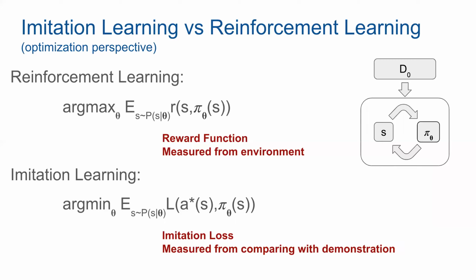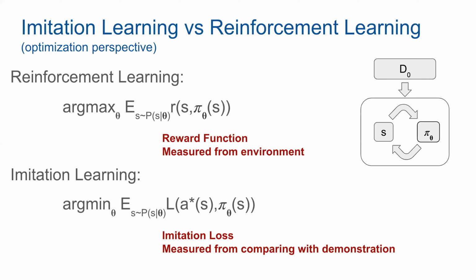In this particular way I'm writing it, and I'm going to write it a few different ways in this lecture, I'm writing it as the state distribution induced by the policy. That's what the expectation is taken over, along with the dynamics of the environment, and then what is the expected reward we get, and find the policy that maximizes it.